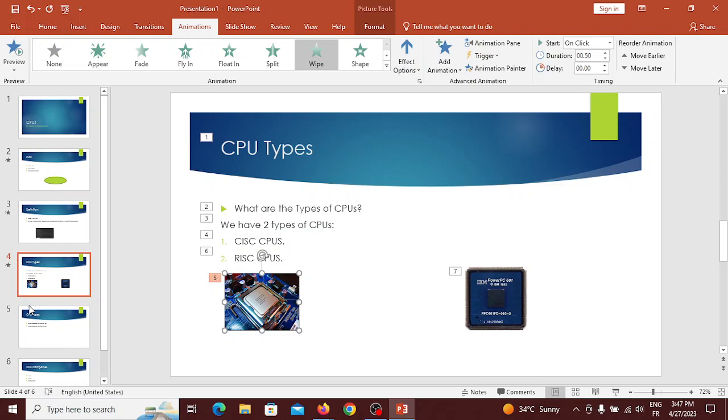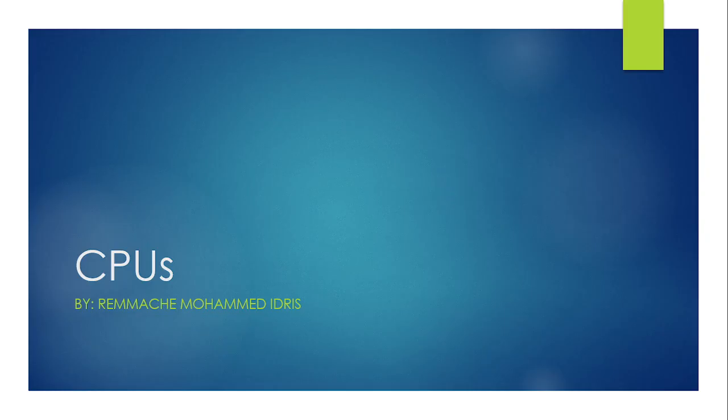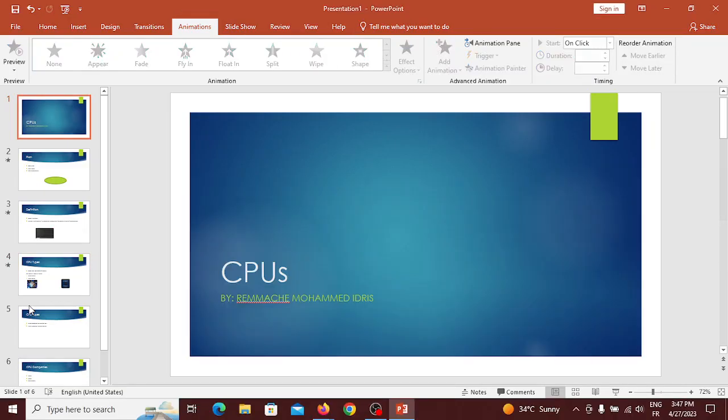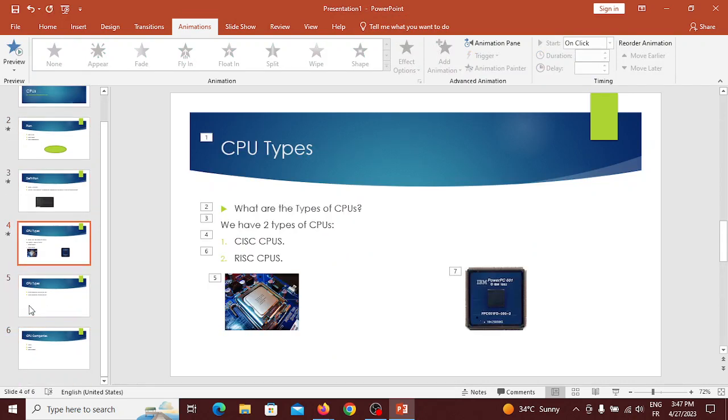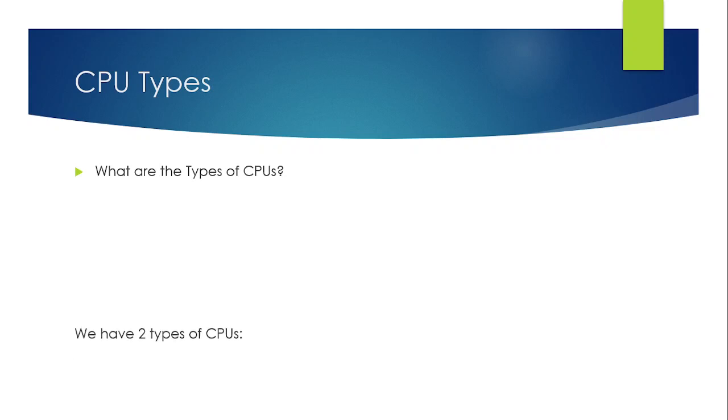Let's use Shift F5. By the way, if you use F5, it takes you all the way back to the start of your document. But if you use Shift plus F5, it switches to presentation mode while keeping you at your current slide. We have CPU types. What are the types of CPUs?